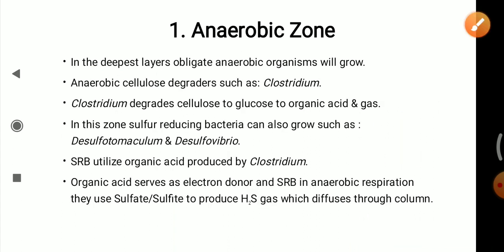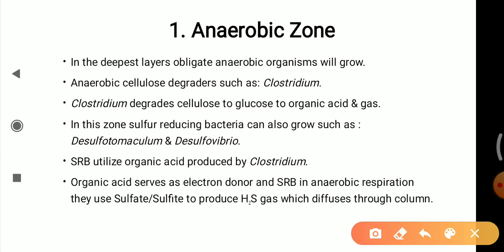We will see what things happen in each zone. First, the anaerobic zone. In the deepest layer, obligate anaerobic organisms will grow. Anaerobic cellulose degraders such as Clostridium will degrade cellulose.